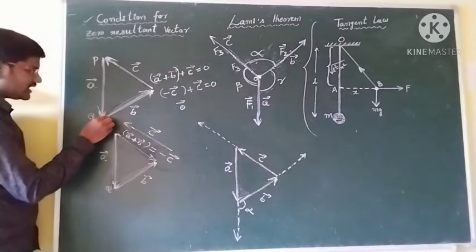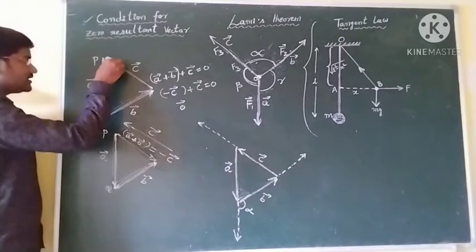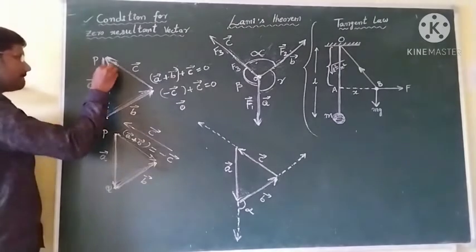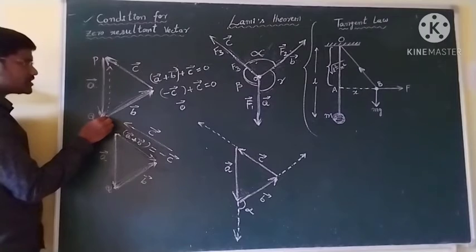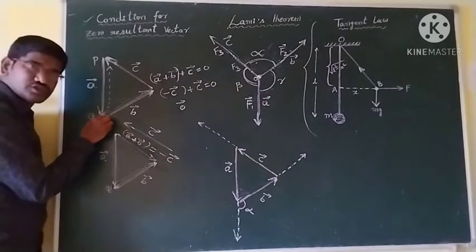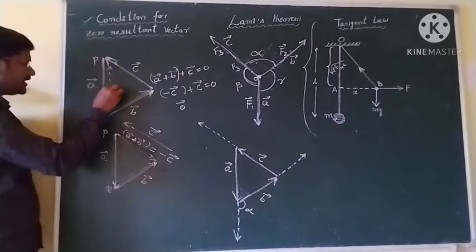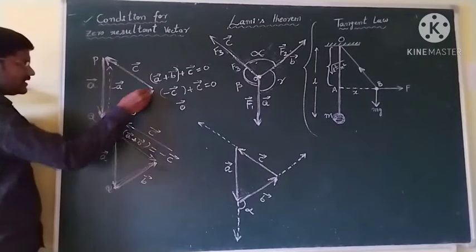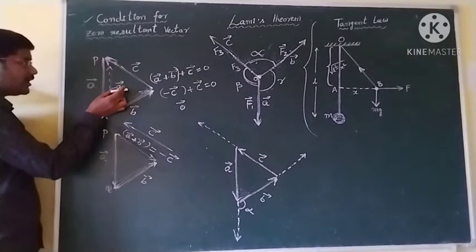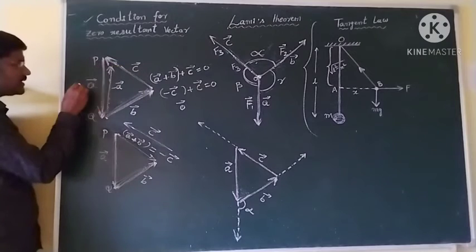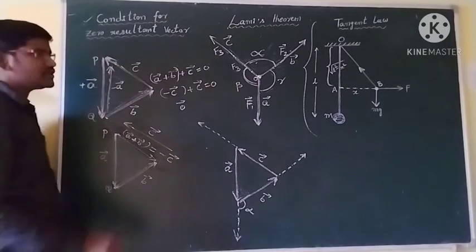B bar started here, at the initial point, and the addition of b and c means you go from the initial point of the first vector to the final point of the second vector. It is opposite in direction to a. So b and c addition is minus a bar, and it is equal in magnitude and opposite in direction to plus a, that's why the resultant will become 0.